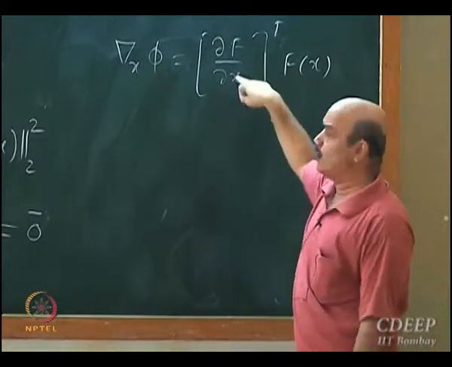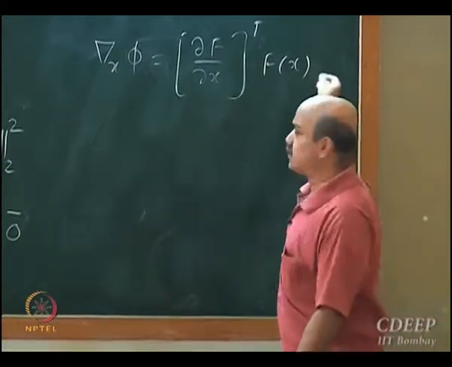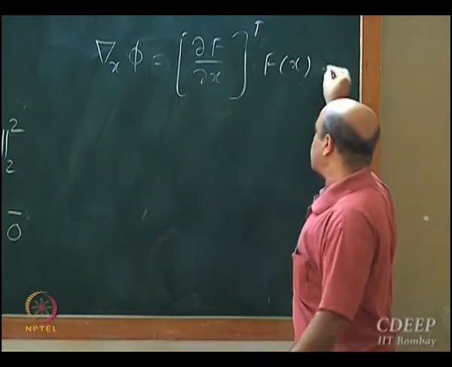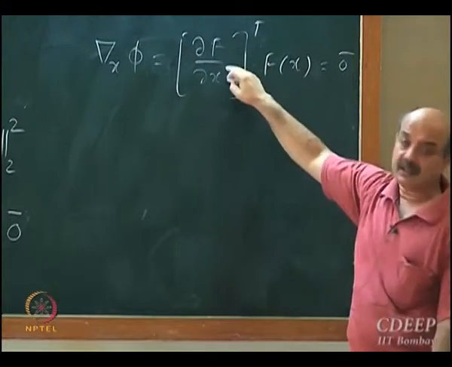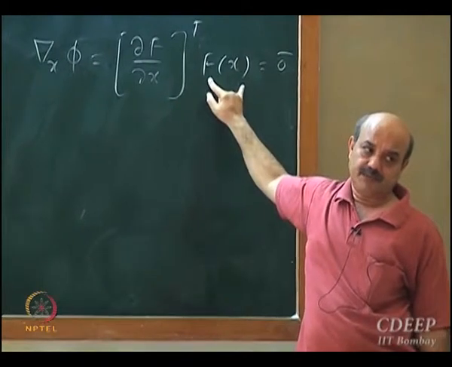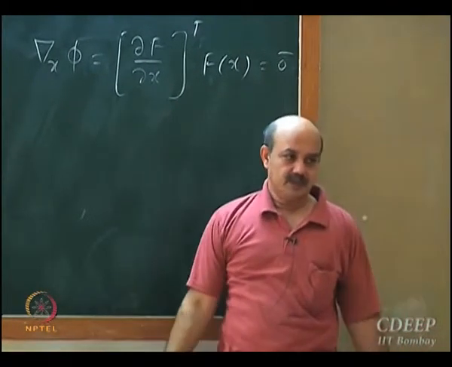So if the Jacobian matrix is non-singular, then this equal to 0 will happen only if f of x equal to 0. Only way you will get 0 here is when f of x is equal to 0. That's how you get the solution. Getting the solution is the same.